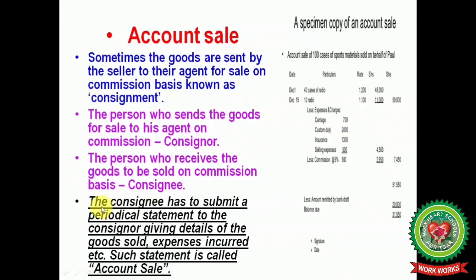So the consignee has to submit a periodical statement to the consignor giving details of the goods sold, expenses incurred, and such statement is called an account sale. Means maybe the goods are sent to the agent on commission, and when the statement is issued, that is called the account sale statement.